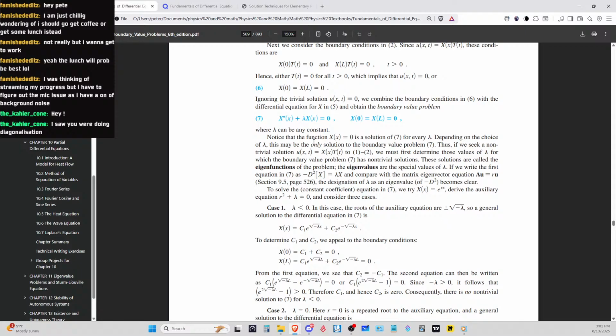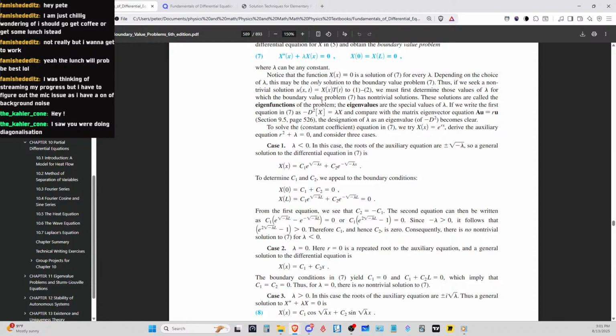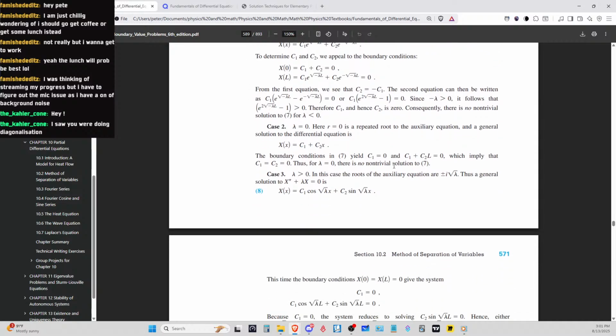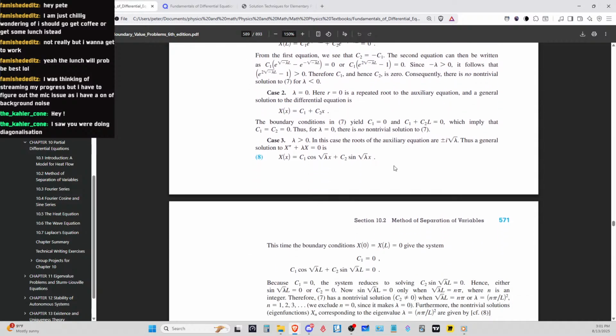But in the middle of it, while you solve a second order differential equation with a lambda in it, they need you to find the eigenfunctions and the eigenvalues. And I'm wondering how you set that up for a differential equation.